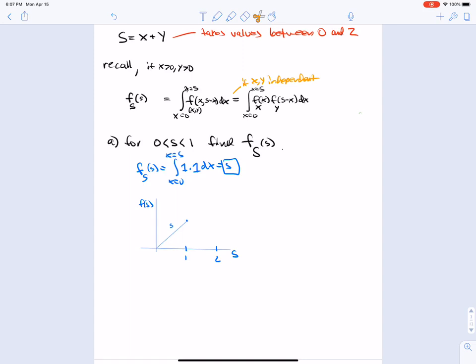So between 0 and 1 it is s. Again, f of x is 1 for x between 0 and s, because s is between 0 and 1, and s minus x is also between 0 and 1, since x is smaller than s.